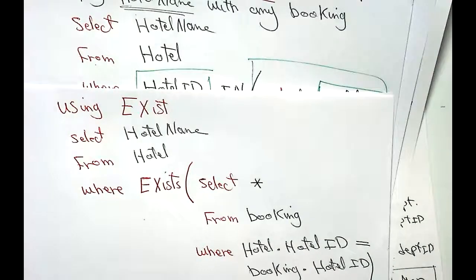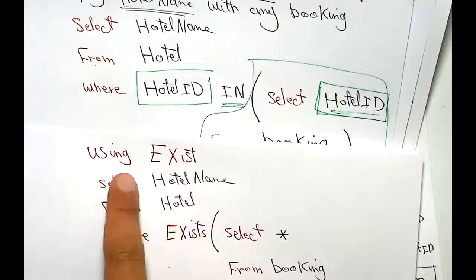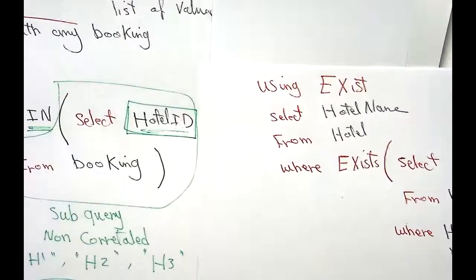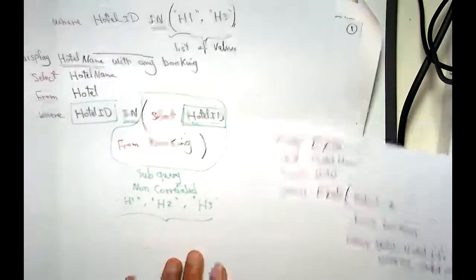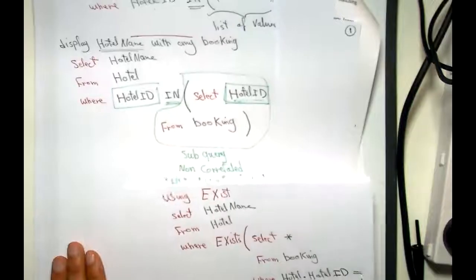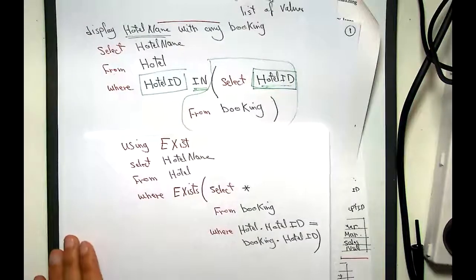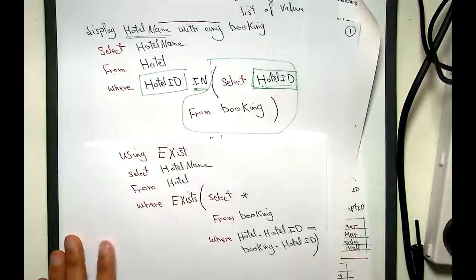Okay, so what you observe in the difference between using exists, I try to put them side by side if I can. Can I? No. If I zoom out. Okay, so what is the difference between using exists and using in?